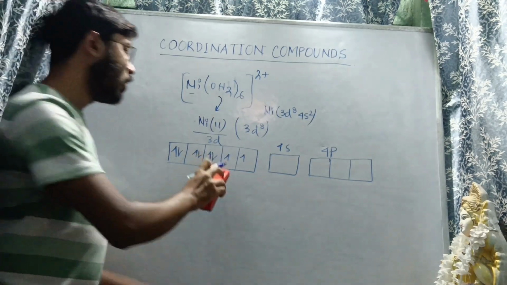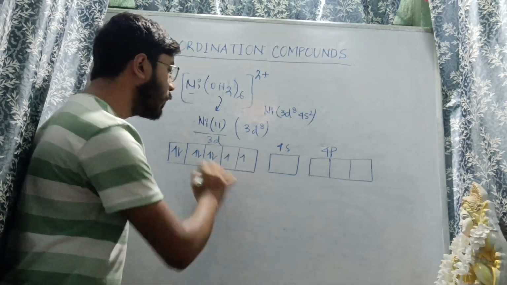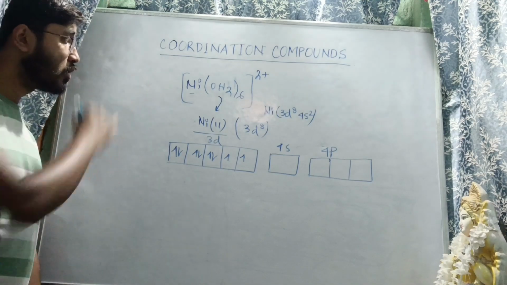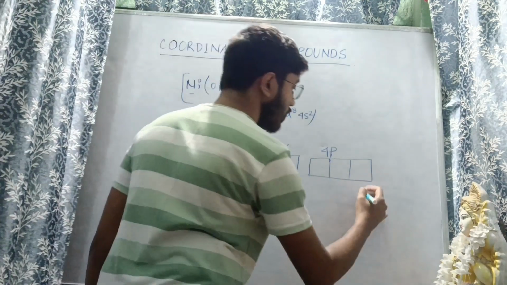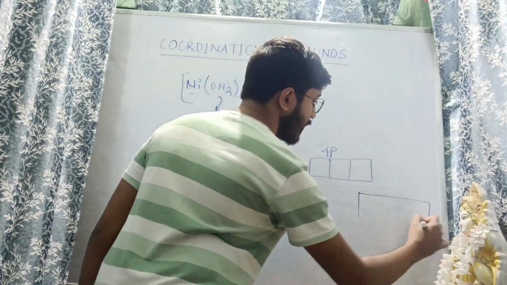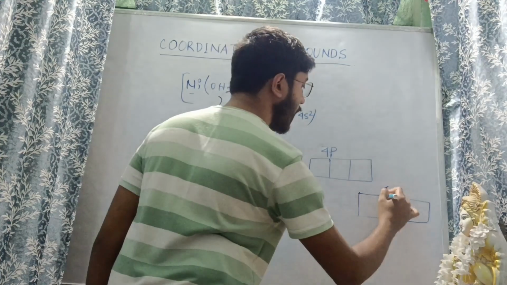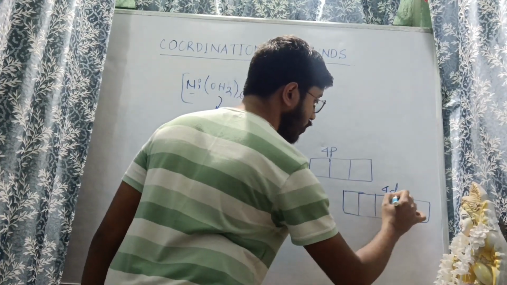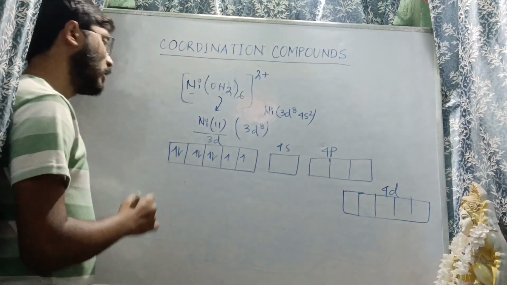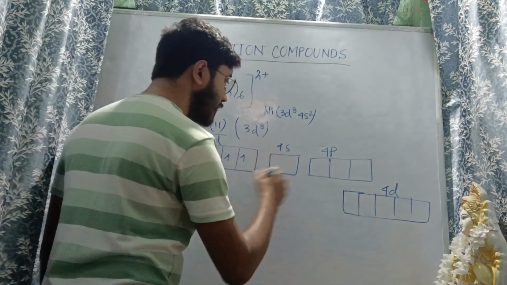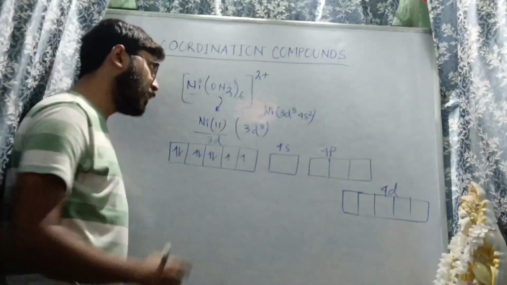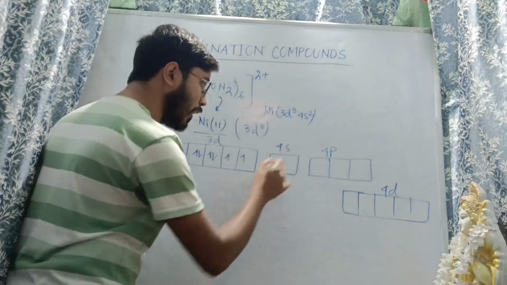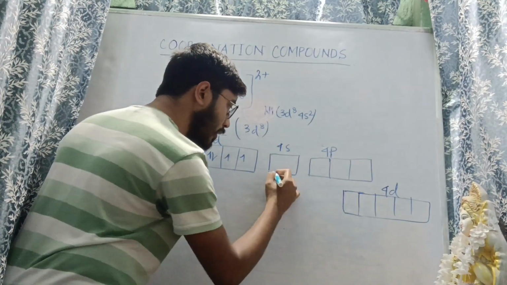So no electron pairing occurred. So there is a presence of 4d orbitals because it is an octahedral complex. 1, 2, 3, 4, 5. So water donates its electrons to the outermost orbitals of the nickel, from the 4s orbital.